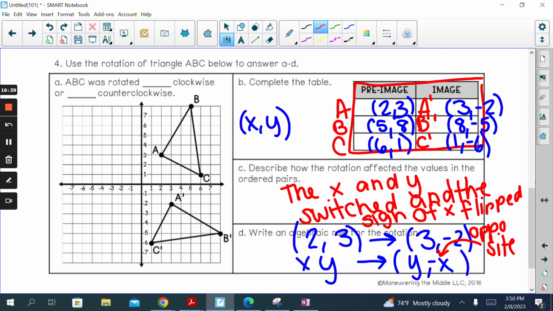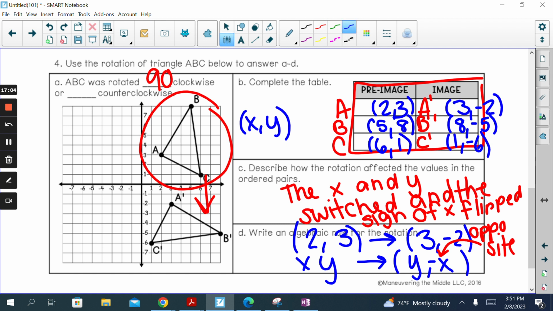So that's our rule. And again, thinking back, if we went from the pre-image, without the apostrophes, clockwise, it is one quadrant down. So clockwise, it is 90 degrees.